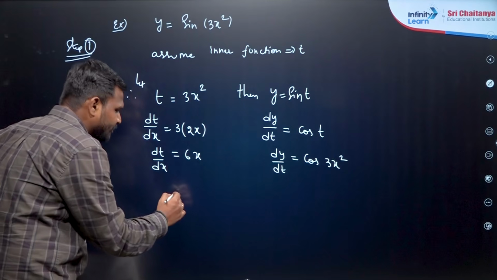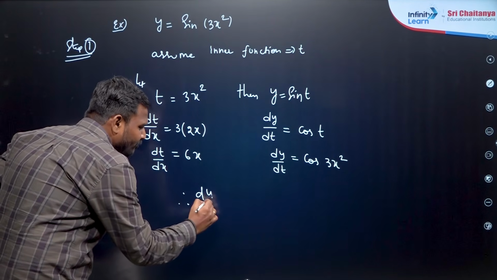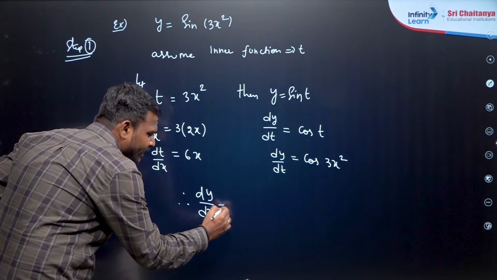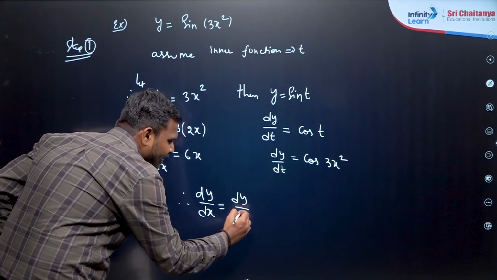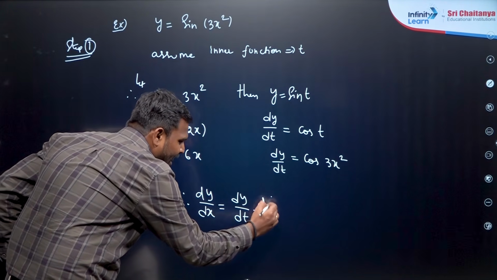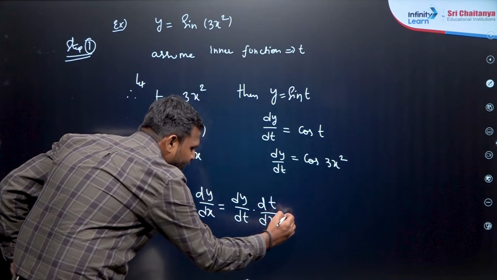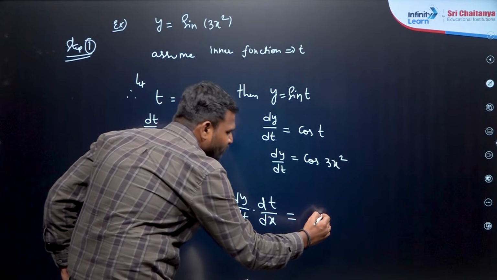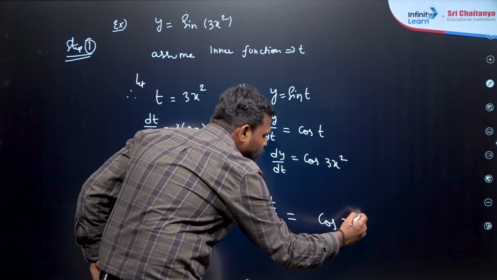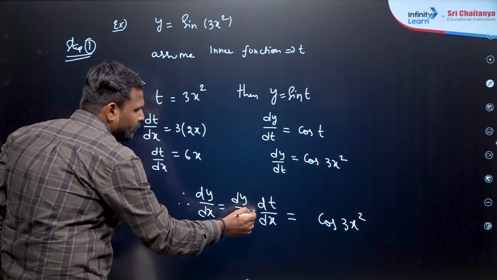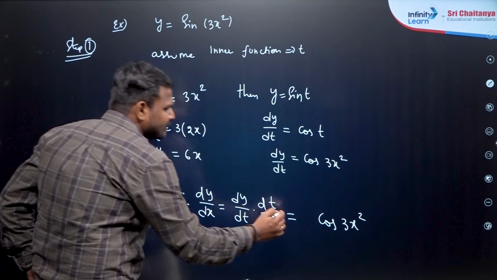Now with the help of the chain rule, dy by dx, instead of writing directly, I will write dy by dt and I will write dt by dx, which is nothing but cos 3x square, which is dy by dt, into dt by dx, which is 6x.